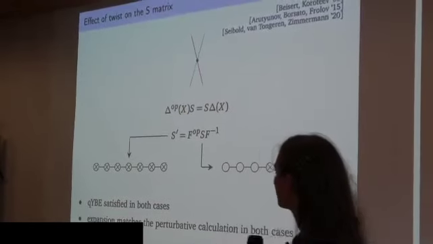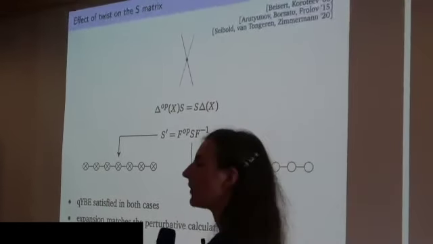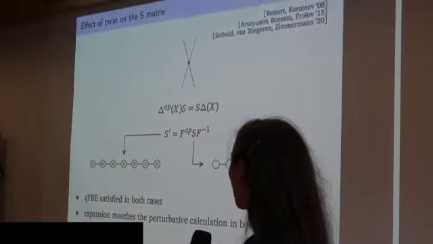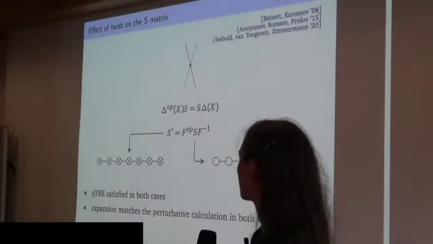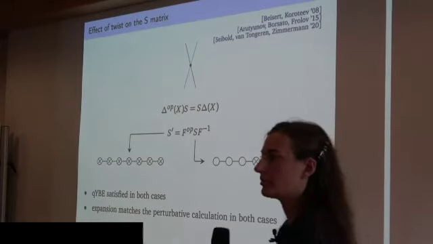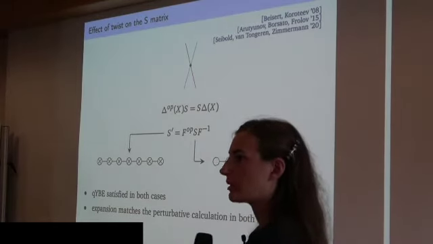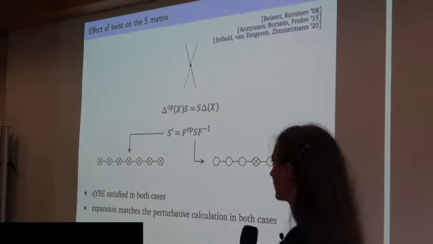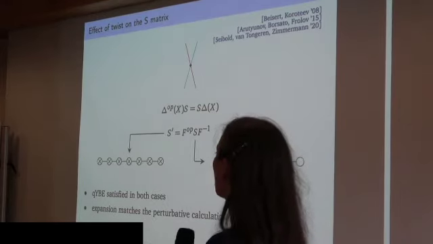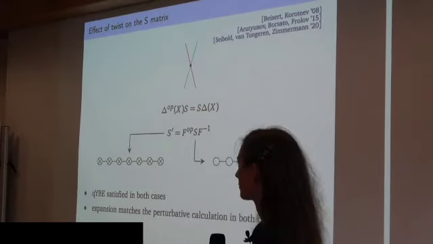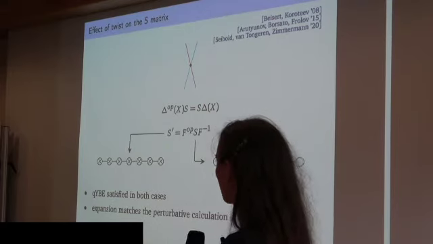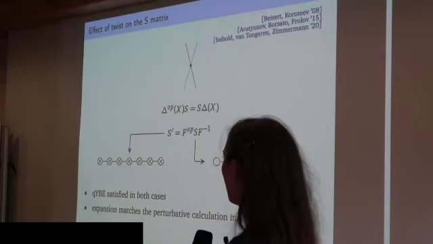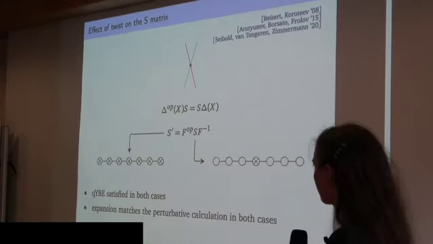Furthermore, if you do an expansion, then you match the perturbative calculation of the eta deformation. So this is the exact S matrix, but you can also start from your eta deformation and make a perturbative calculation of the S matrix. Because you expect the eta deformation to correspond to a quantum group deformation, a q deformation, you should have a matching, and indeed you have this matching.